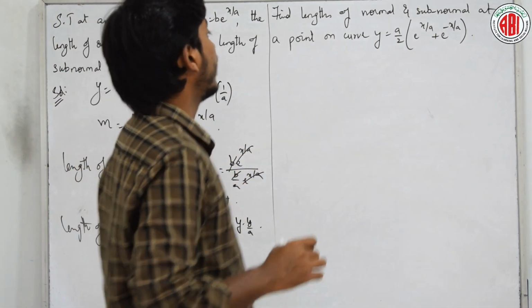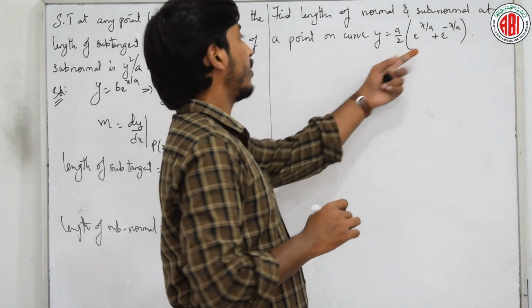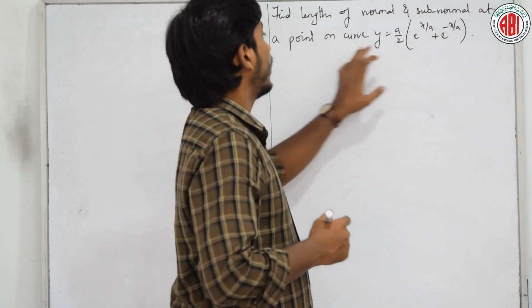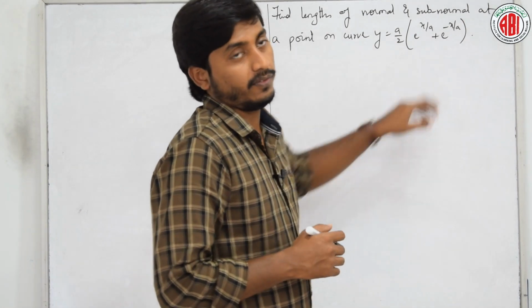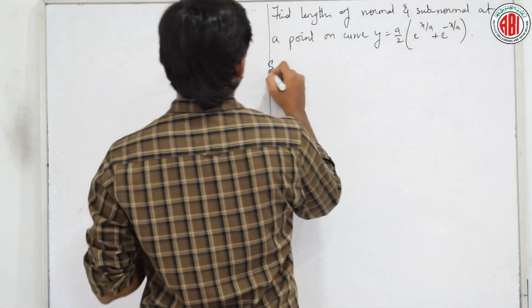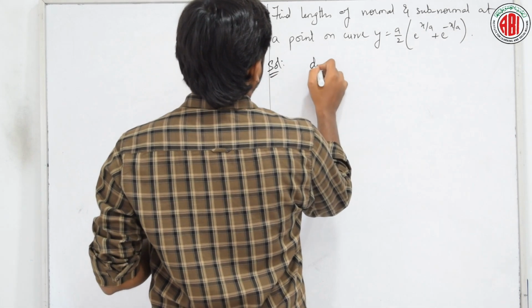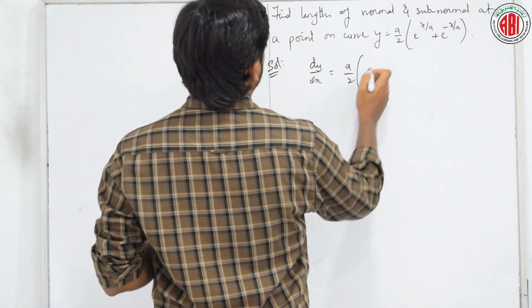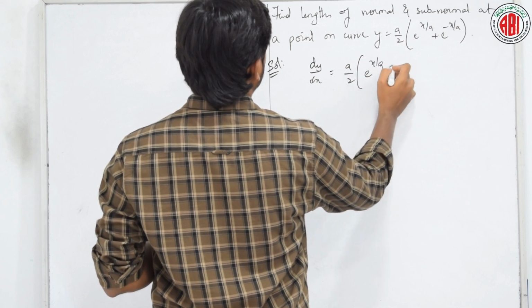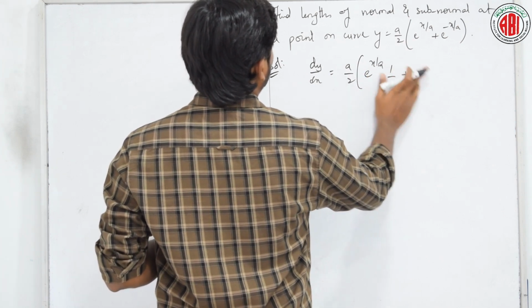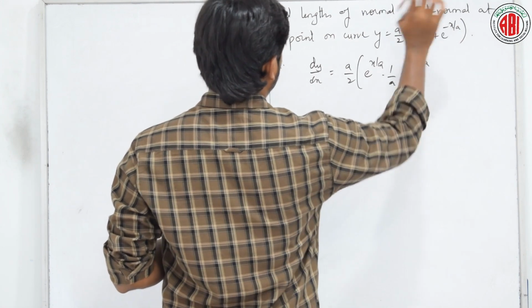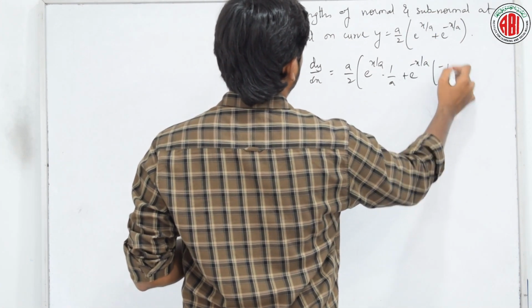Next. The length of normal and subnormal at a point on this curve. The same story starts again. So let us find the m of this. dy by dx is equal to a by 2 into the differentiation of e power x by a, which is e power x by a into 1 by a, plus again the differentiation of e power minus x by a, which is e power minus x by a into minus 1 by a.